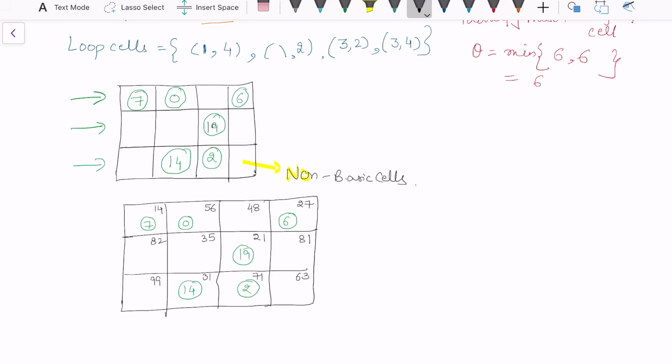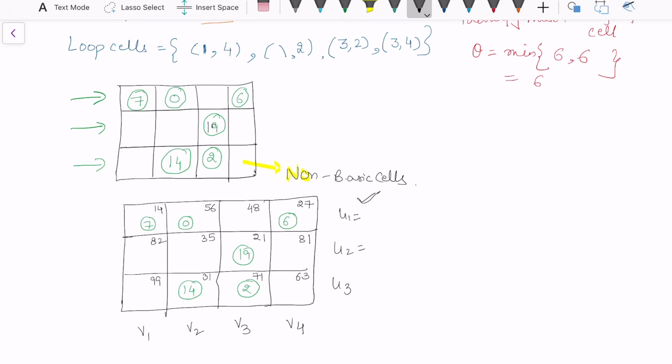So now let's calculate again the net evaluation for this particular table, and let's assign U1, U2, U3, V1, V2, V3 and V4.